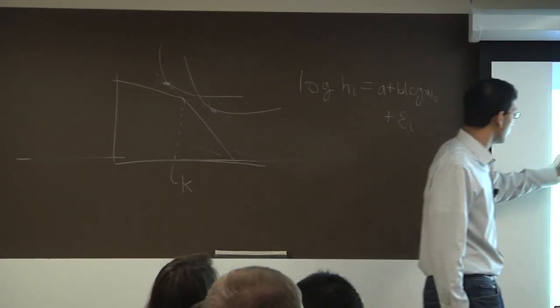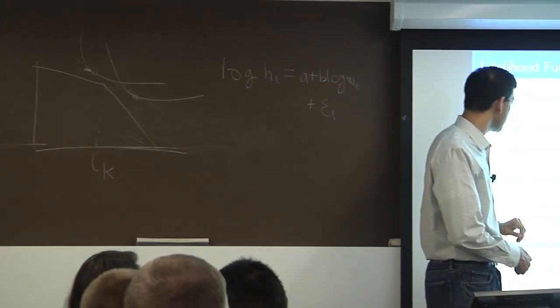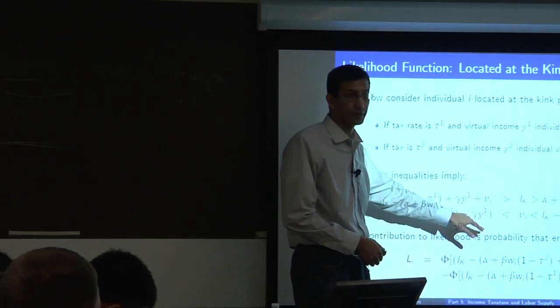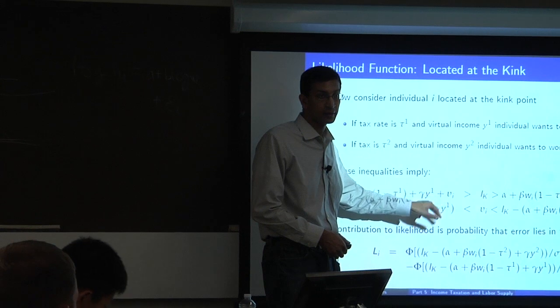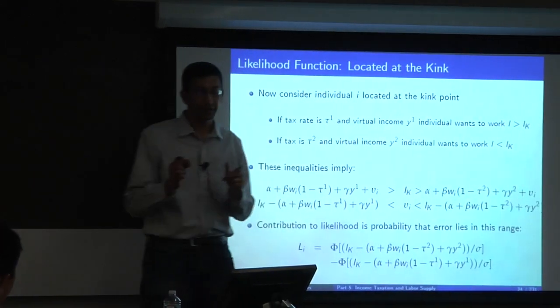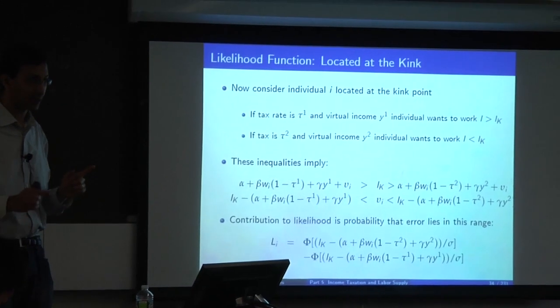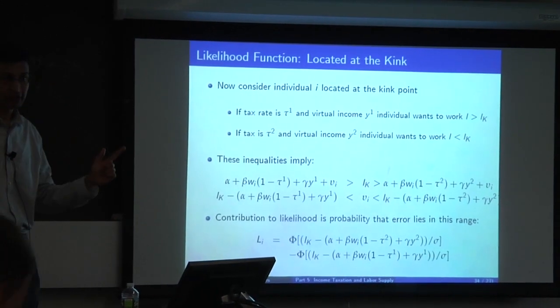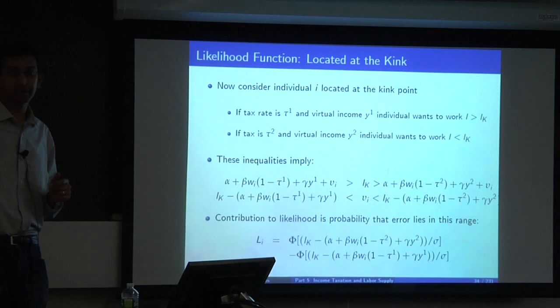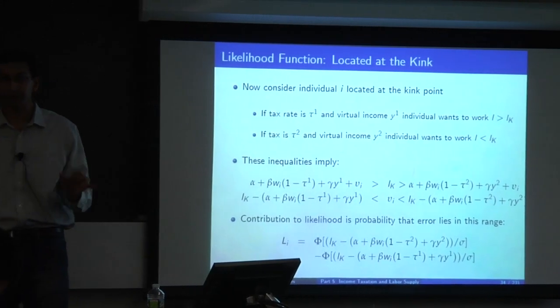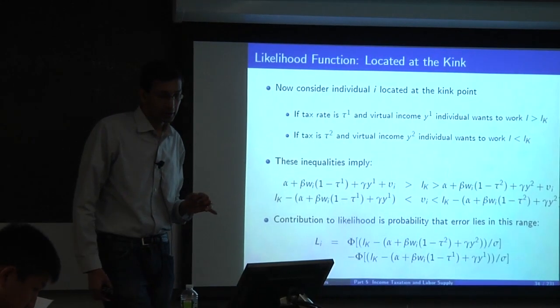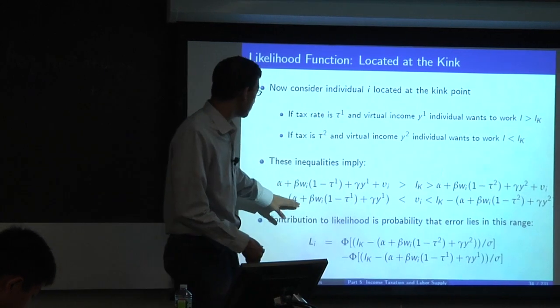Those two inequalities immediately tell you what the nu i has to look like for you to be in that bracket where you want to locate at the kink. There's going to be a range of the error term that makes you want to be at the kink given a parameter vector, and that's what these two inequalities are.